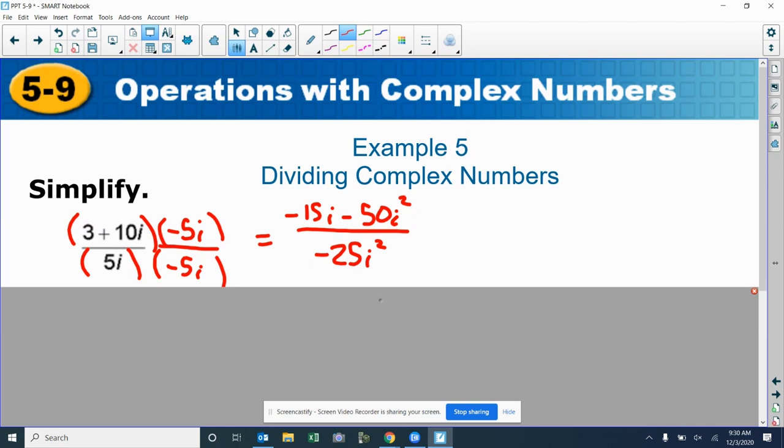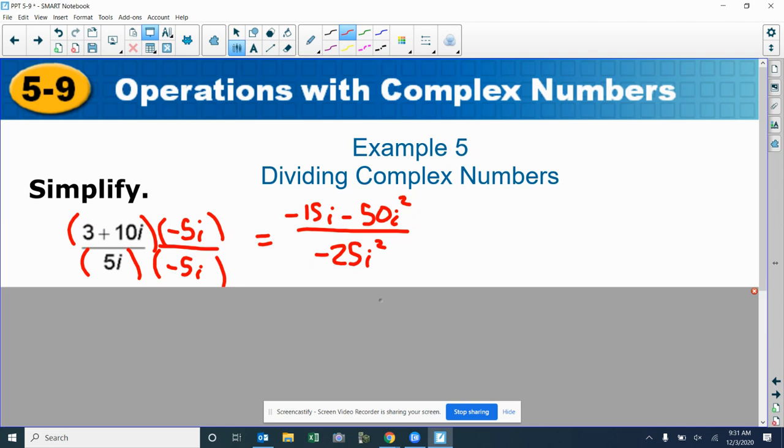Let you digest that. That makes sense to you? Okay? So division isn't really like we're dividing, like 10 divided by 5 is 2. You really end up with this process, we really end up gonna multiply by the complex conjugate. Okay? So the complex conjugate is what we're multiplying by.